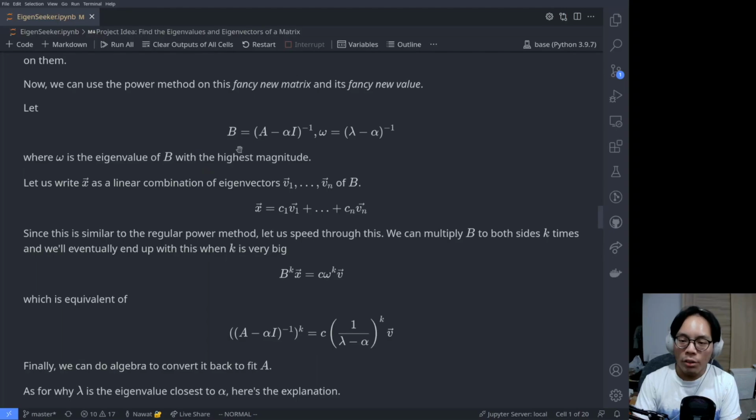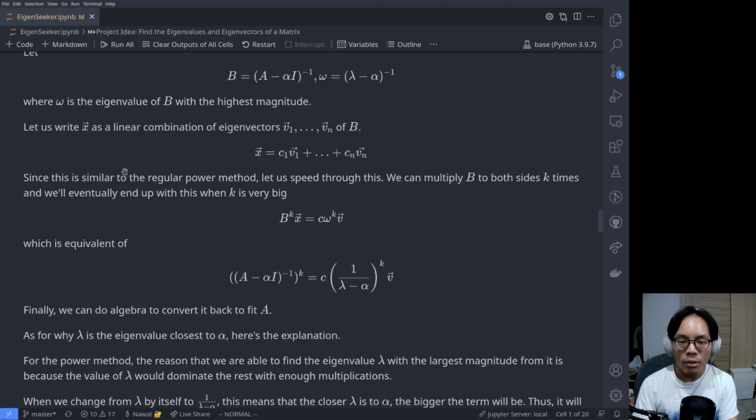Now, we can use the power method on this new matrix and new value. So we can let B be the matrix that we manipulated from A, and omega be the eigenvalue that corresponds to B. So we can write x as a linear combination.